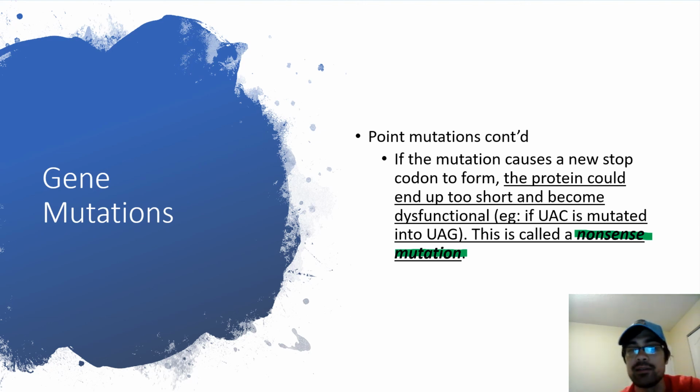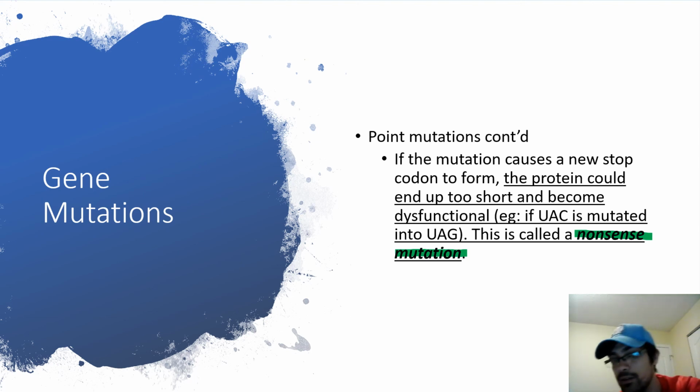Once a ribosome reading through the mRNA strand reaches a stop codon, it stops adding more amino acids and breaks off whatever is there at that point, and that goes off to be a protein and does whatever its job is. In the case of a nonsense mutation, we mutated into a stop codon, and so the mRNA sequence is not read to completion.